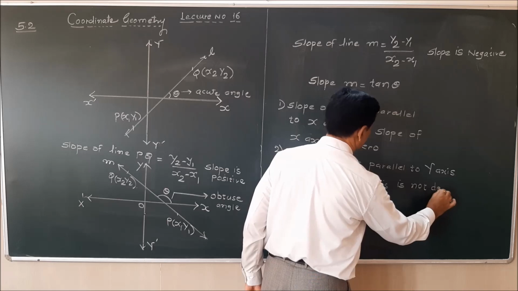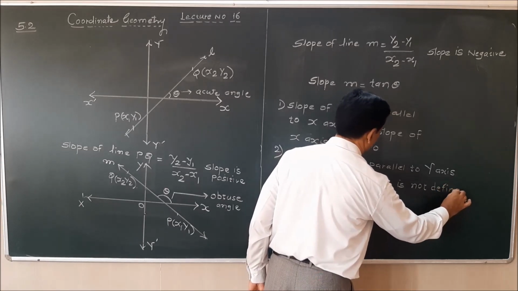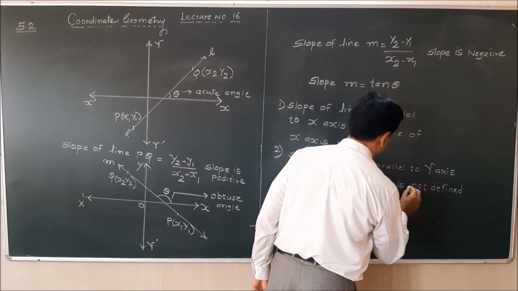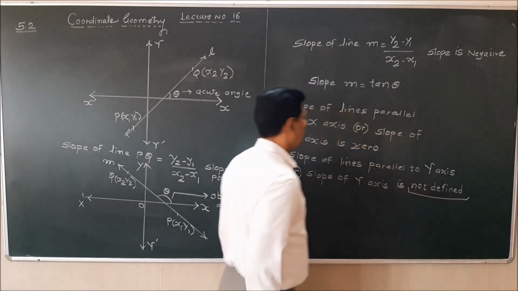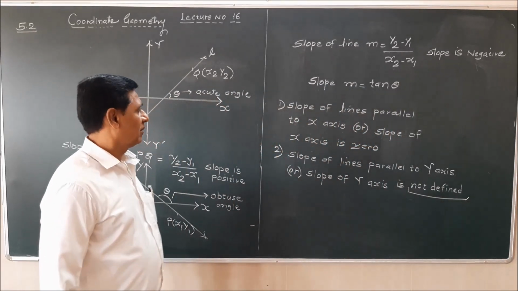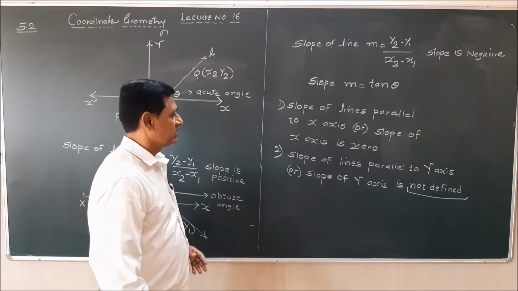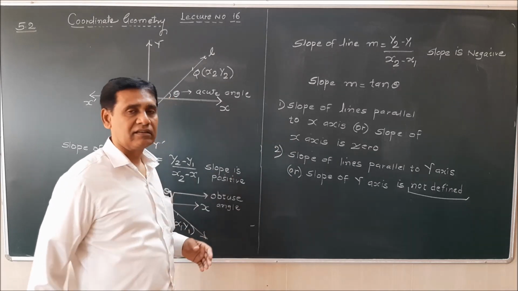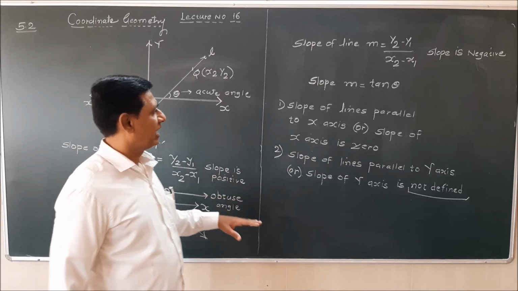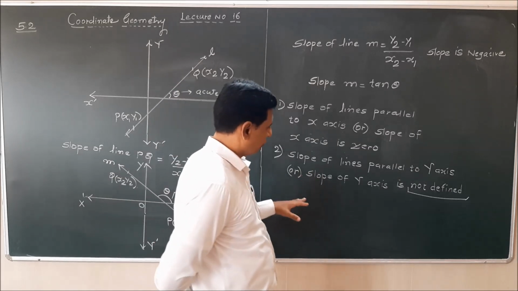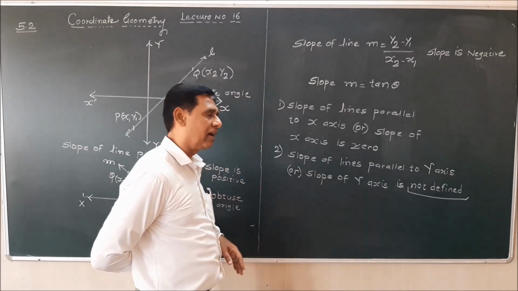Very important. So these two things you have to remember: the slope of lines parallel to the x-axis or the x-axis itself is 0, and the slope of lines parallel to the y-axis or the y-axis is not defined.